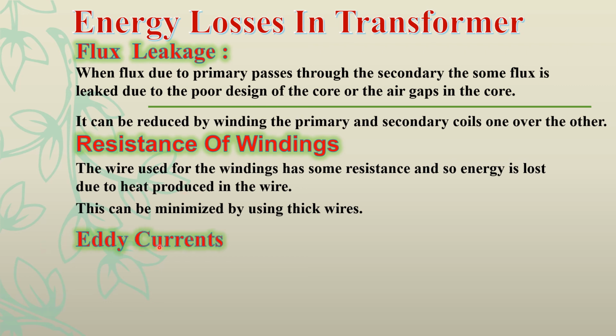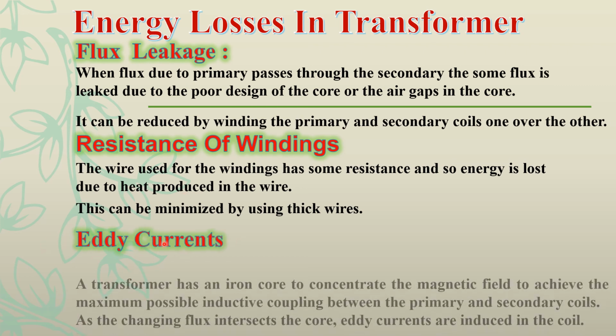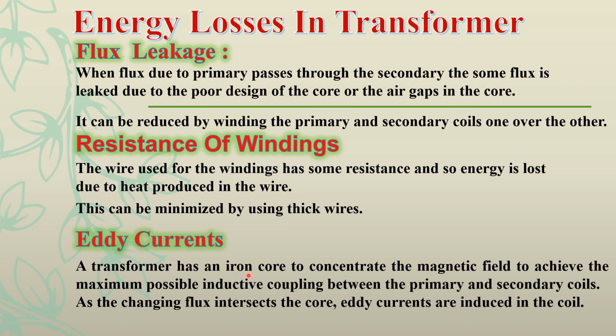Another reason for energy losses in a transformer is eddy currents. A transformer has an iron core to concentrate the magnetic field to achieve the maximum possible inductive coupling between the primary and secondary coils. As the changing flux intersects the core, eddy currents are induced.